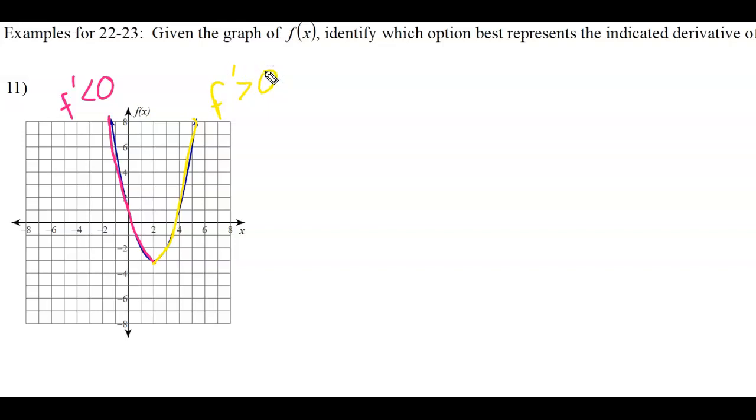And then you'll notice that right here, the slope is 0. So if I wanted to sketch the graph of f prime, what I would need to do, I'll say that this is going to be the graph of f prime. I'll do it in green.